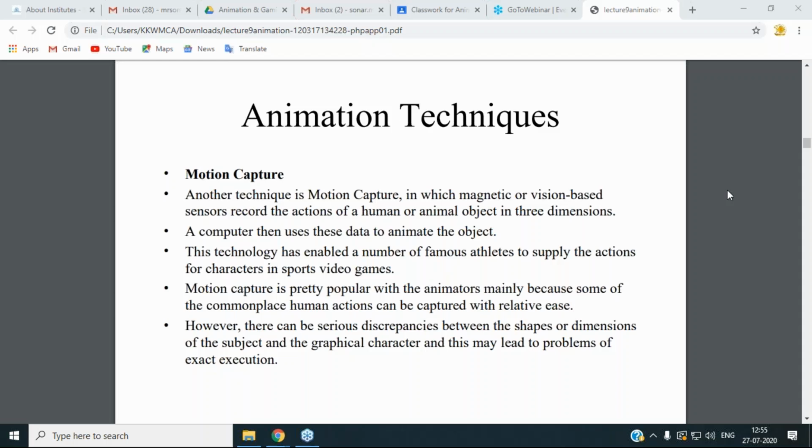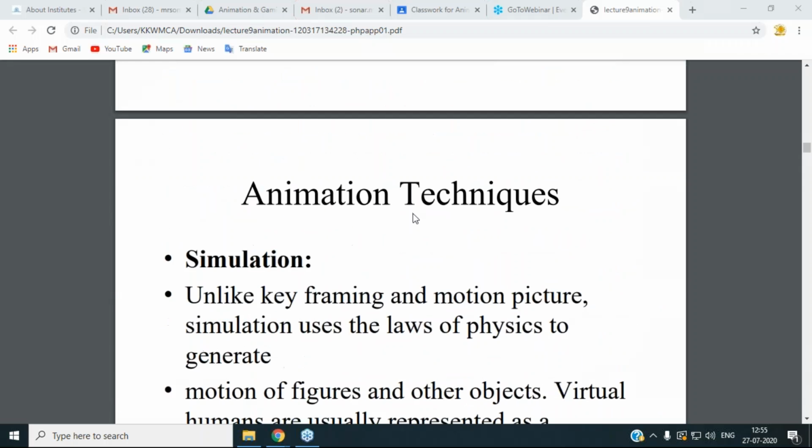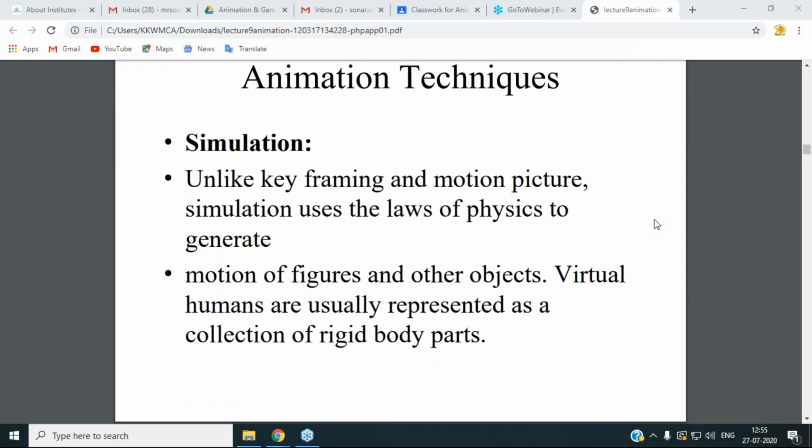So motion capture is very important. One more technique is called simulation. Now, this we have talked about so many times. So what is simulation?